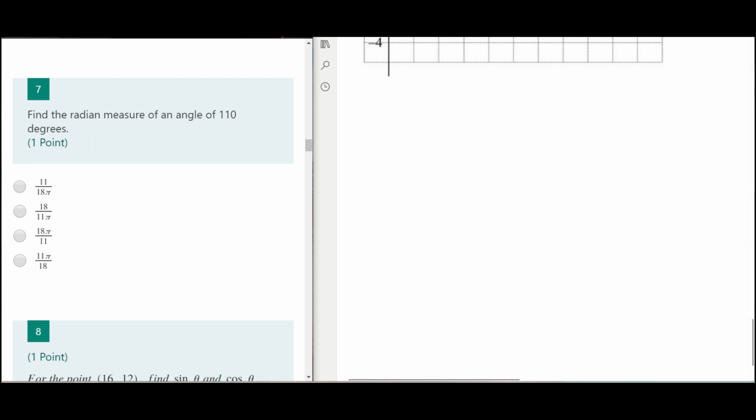Find the radian measure of 110 degrees. So you got to convert that to radians. So remember that in a half circle, pi is the same thing as 180 degrees. So you're going to use that conversion factor. Since this is actually in degrees, you want degrees to be on the bottom and you want radians to be on the top.